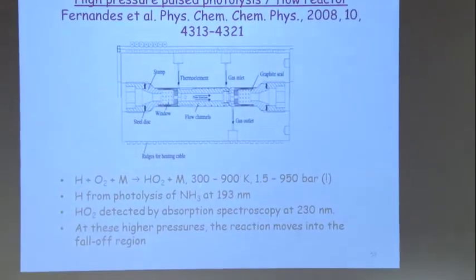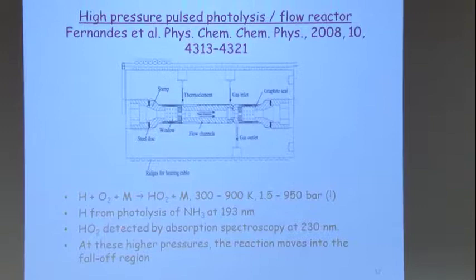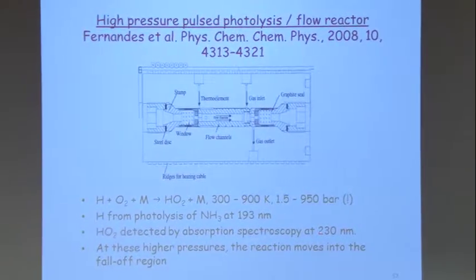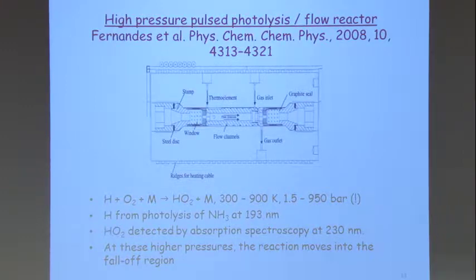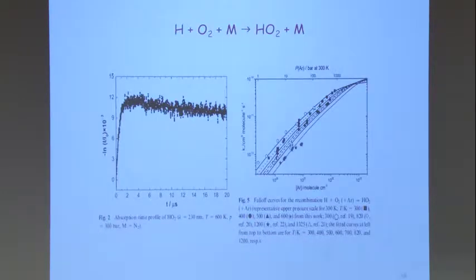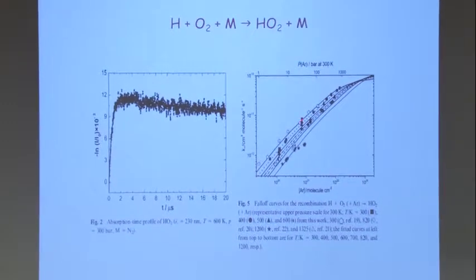And so he did it. He photolyzed ammonia to make the H atoms. And then he did HO2 spectroscopy where he detected the HO2 in the UV. And he can finally see that the plots become curved. So here's his data, and this is a log plot of pressure. When you get the pressure really high, you can see this starts to curve.